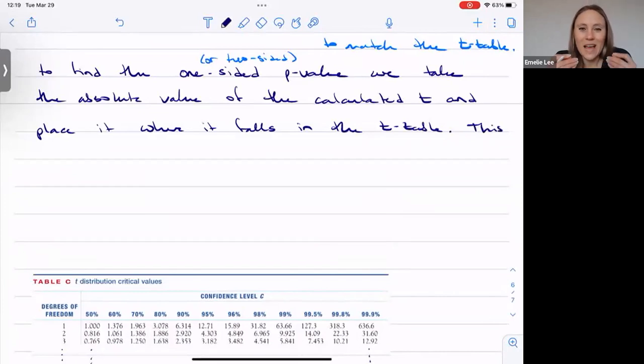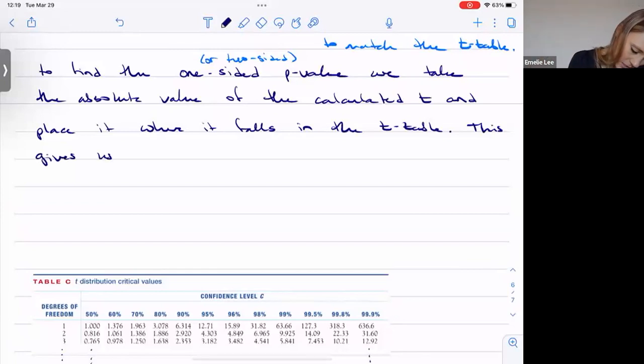This will allow us to find a range for the p-value, the one-sided or the two-sided p-value. This is the same as the chi-squared, so we're not unfamiliar with this, but this gives us a range for the p-value.